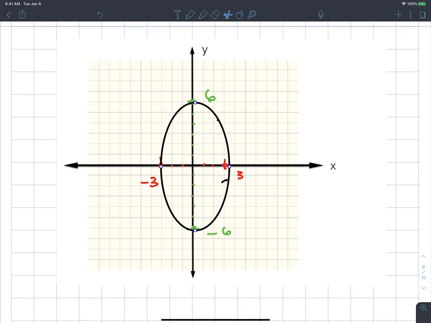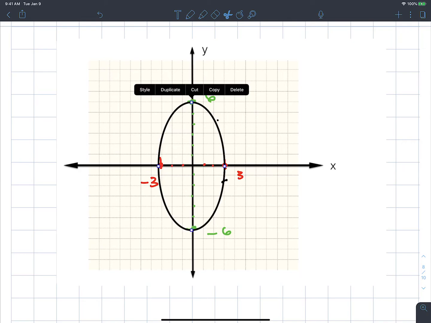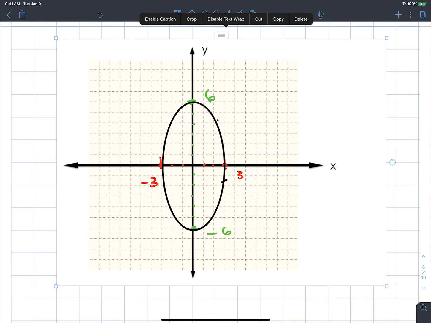You got to use 2 fingers. And let's make it thinner. Anyway, that looks like it's okay. A little bit of patience.